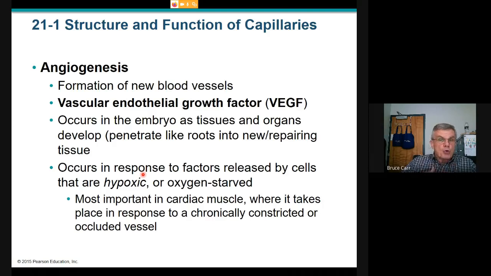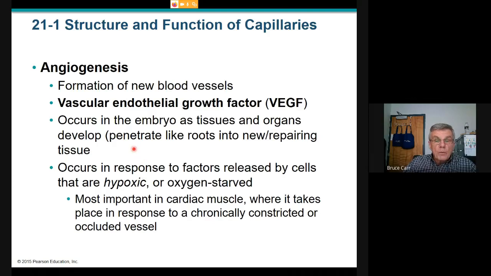And you think about the growth of the vascular system. How does it grow? It grows much like the root system on a plant, forming new blood vessels, penetrating into new tissues as they grow. This is present during our growth. This is present during healing. You think about a big cut. A big cut, there's some tissue death, but as we begin to repair that, we have to grow and restore blood vessel surfaces through angiogenesis.